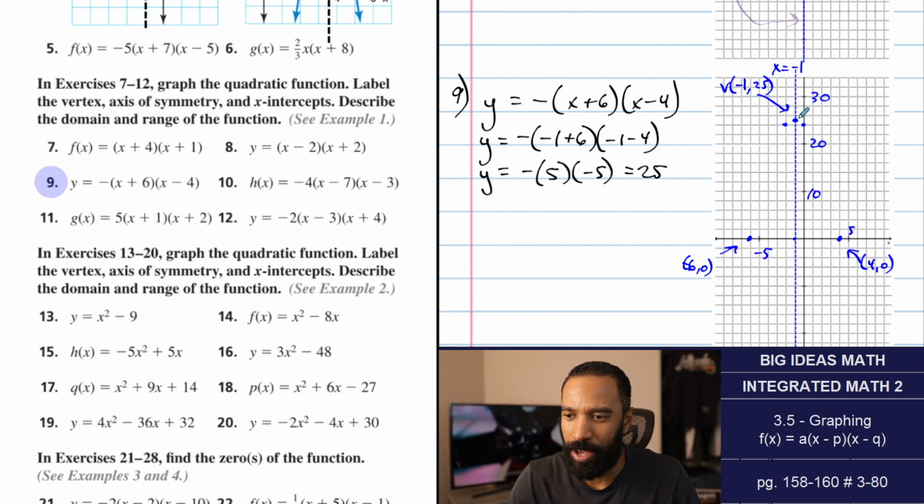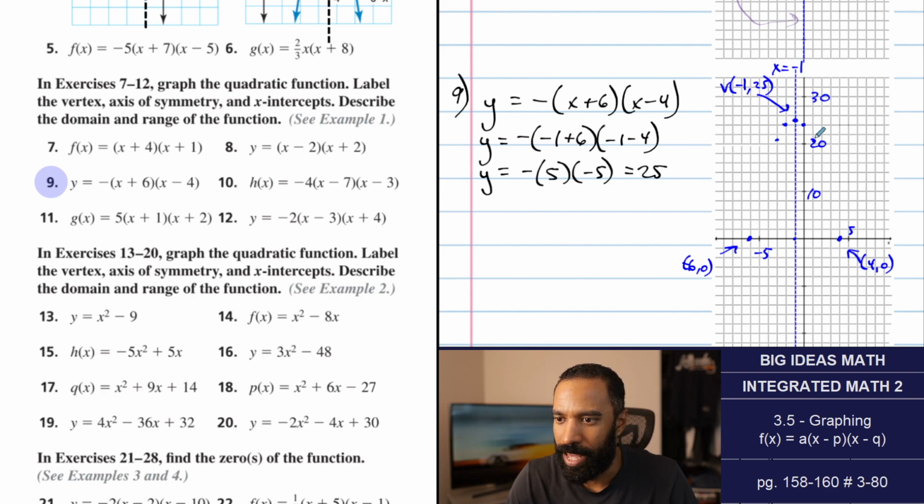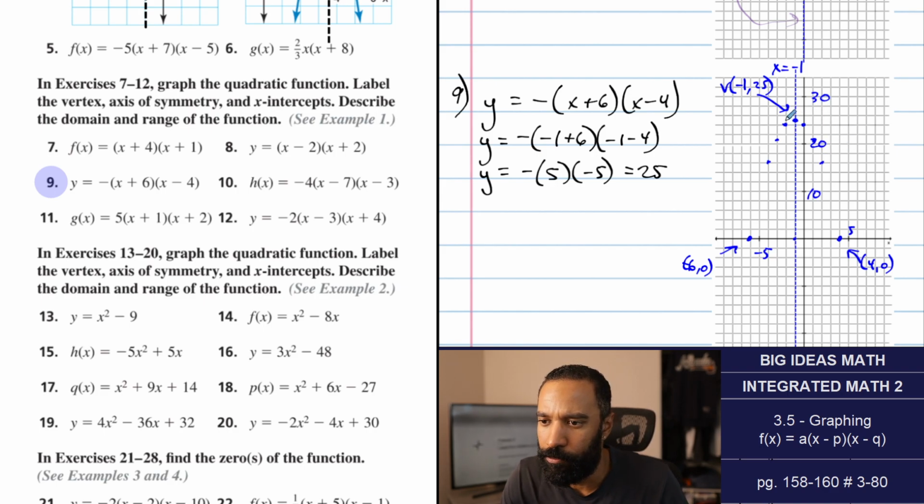Pretty tough on the labeling crowd, right? So over 2, down 4. Over 3, down 9, 2, 4, 6, 8. Oh, it's right there. And let me get at least one more. Over 4, down 16. So 2, 4, 6, 8, 10, 12, 14, 16.